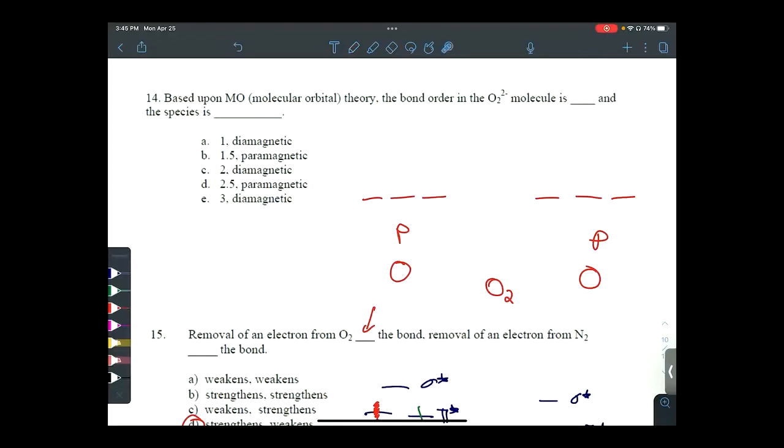Recall from chapter 6, when I say an orbital, it has a shape. That shape comes from solving the Schrodinger equation and getting your quantum numbers. Those quantum numbers tell us the probability of finding an electron. It's the whole idea that electrons are waves.